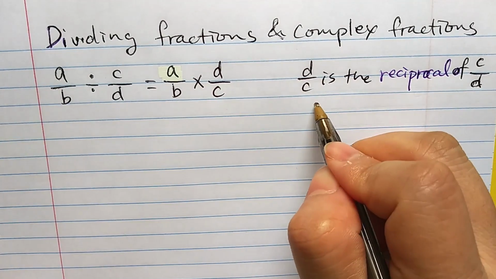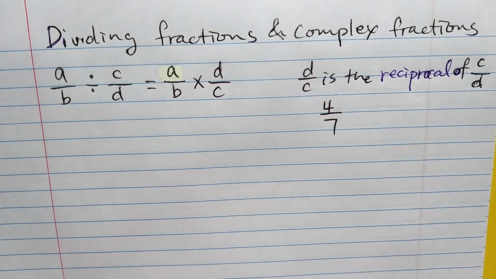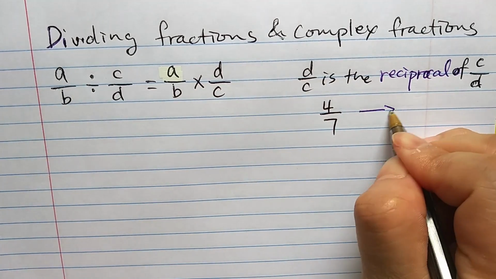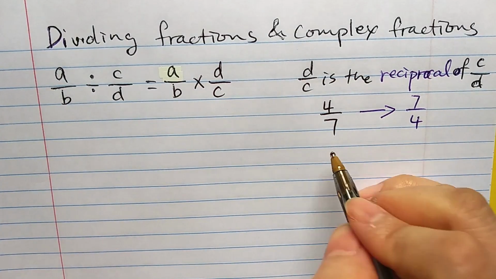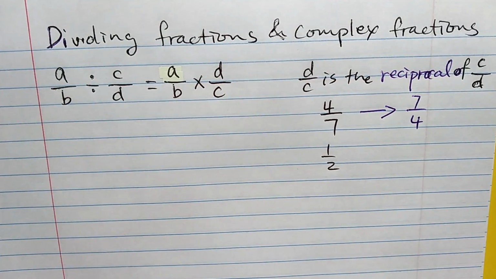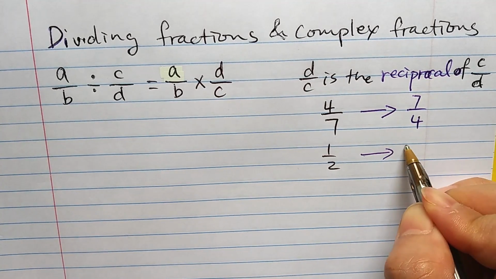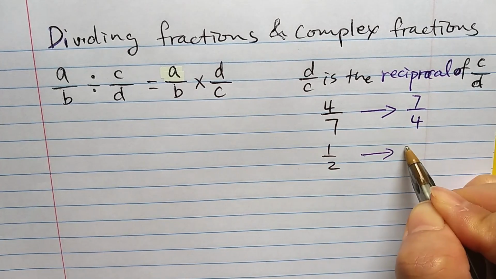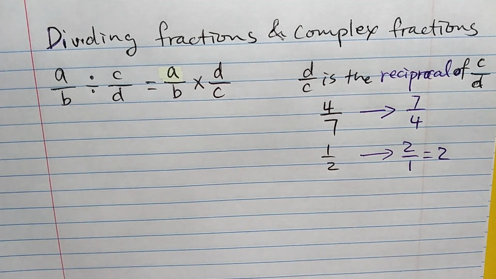For example, the reciprocal of 4 over 7 is 7 over 4. And the reciprocal of 1 over 2, 1 half, if you flip this number, is 2 over 1, which is 2.